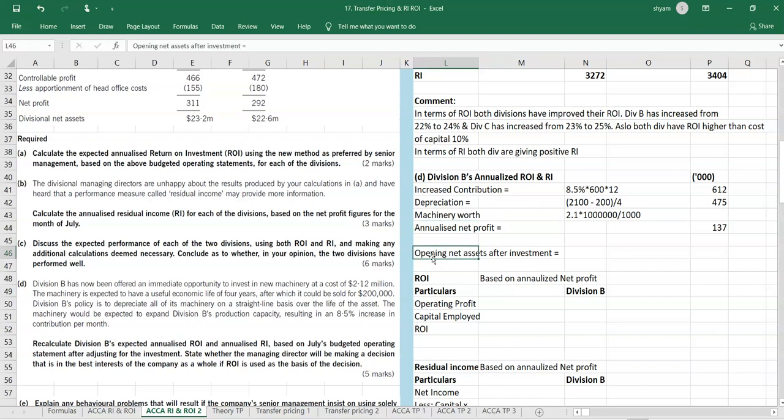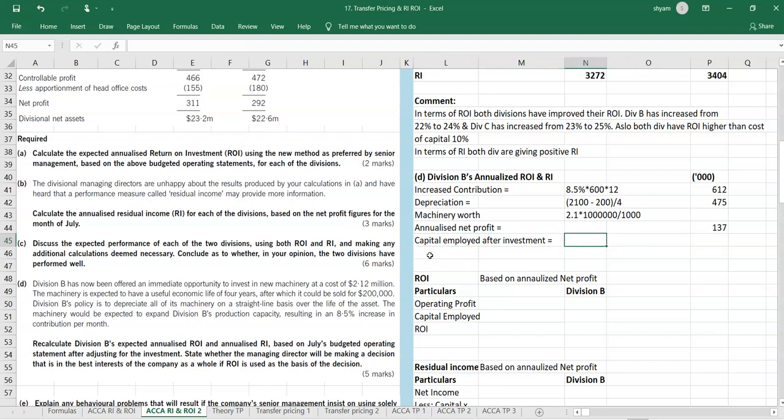So what is the net assets after investment, or what is the capital employed? What's the capital employed after the investment?